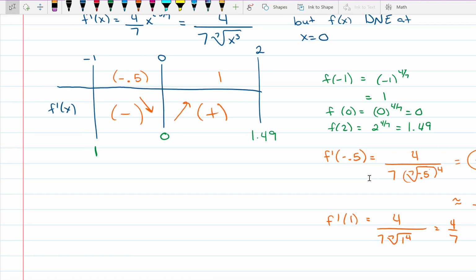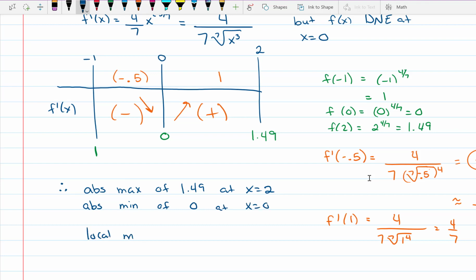So now we just got to write our conclusion. And we have an absolute max of 1.49 at x equals 2. An absolute min of 0 at x equals 0.